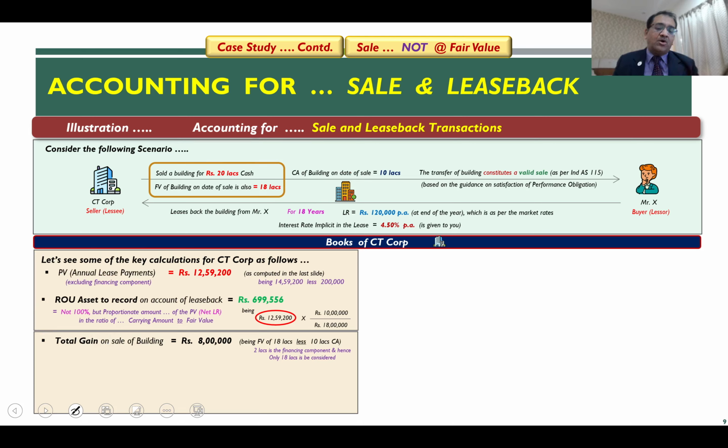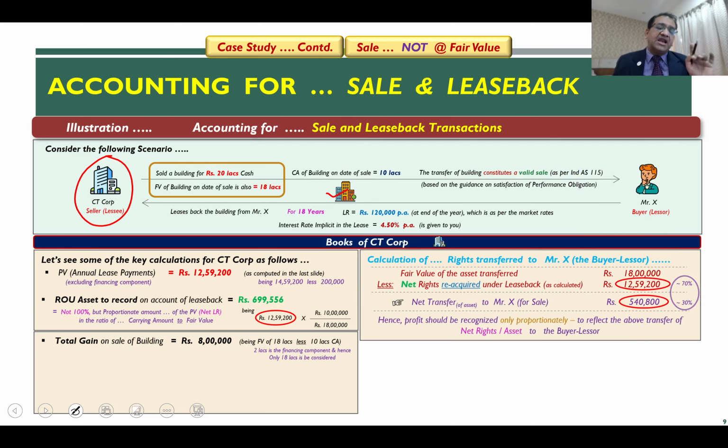Now we need to figure out what rights have been retained by City Corp due to this leaseback transaction and how much has been transferred. Similar to what we saw in the earlier video, but the calculations will change. If you look at the right hand side, what rights have been transferred and how much has been retained is computed here.